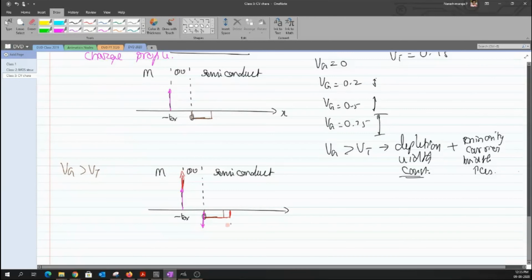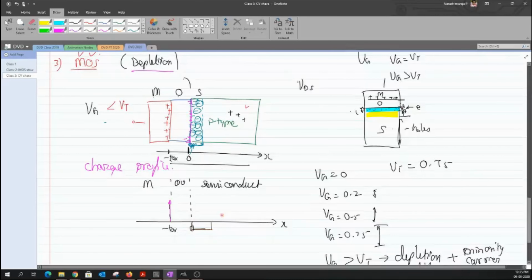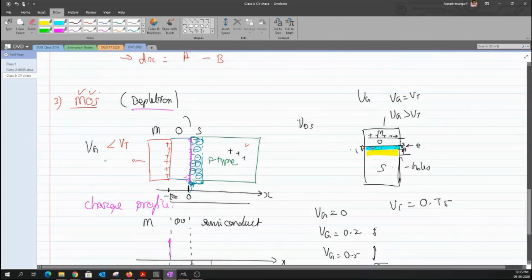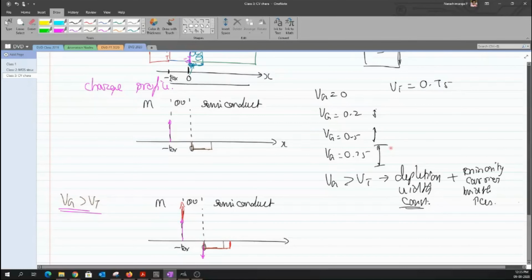Hope that you are clear with this, because as I said, we have mobile carriers, which are free carriers. Along with it, we also have the depletion layer. The magnitude of these free carriers I'm plotting with some sort of spike here, okay? The combination of both these, the negative ions and the negative charges, has to compensate the positive charges that I have across the metal, okay?